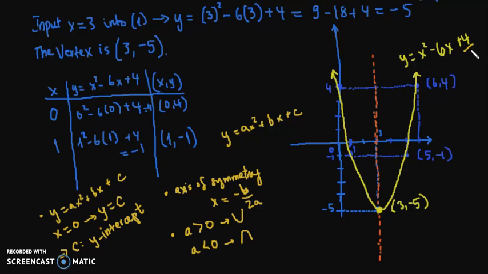Look at this: our c is positive 4, so the graph cuts the y-axis at 4. So 4 is our y-intercept. Those are the observations that you need to be familiar with when you do the graphing for quadratic equations.